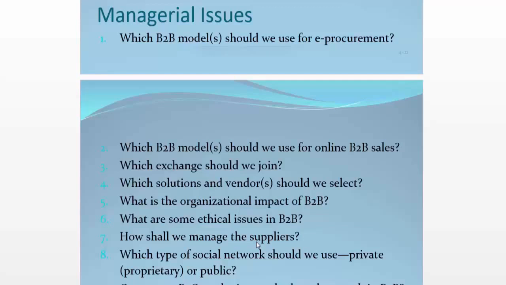Okay, the top issue that we have here is which B2B model should be used for e-procurement. What kind of e-procurement method do I need for my scrumptious indulgence? We discussed several models.